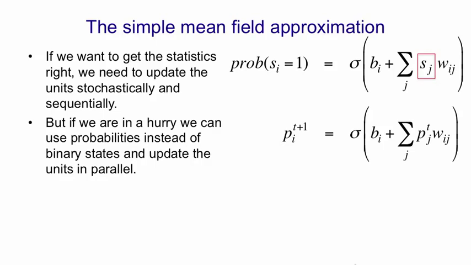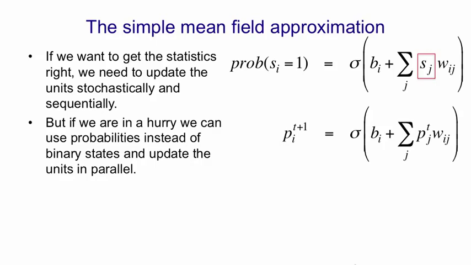We're going to keep a real value between 0 and 1, which we'll call a probability. And that probability at time t plus 1 is going to be the output of the logistic function, when what you put in is the bias and the sum of all the other probabilities at time t times the weights. So we're replacing this stochastic binary thing by a real value probability.